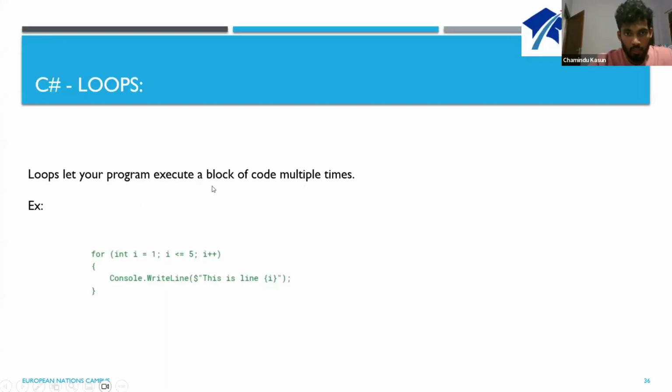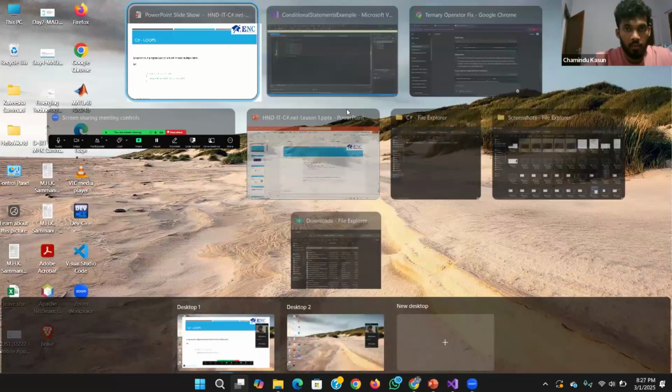Loops let your program execute a block of code multiple times. If we want to do something iteratively, we use a loop, right?